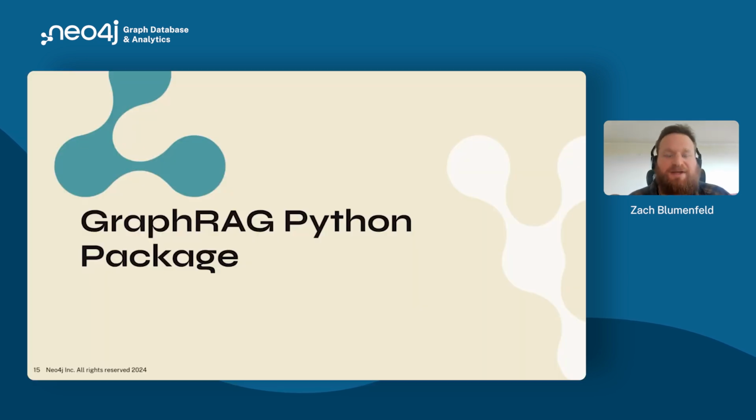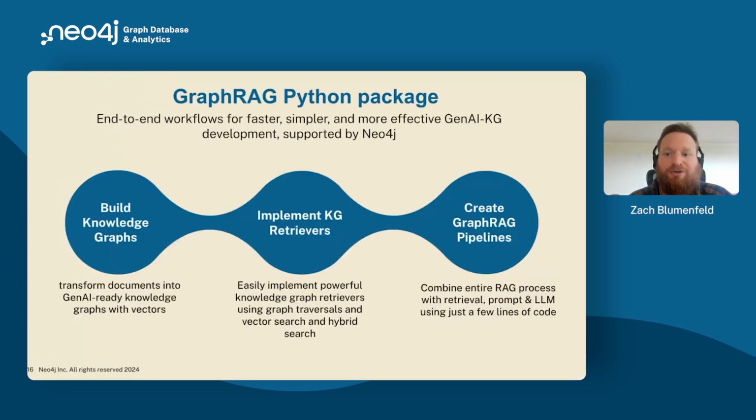So let's talk a little bit about what we're here for today after that overview, which is the GraphRAG Python package itself. The GraphRAG Python package basically offers you an end-to-end workflow inside of Python to make things a lot simpler to put together for GenAI and knowledge graph development.